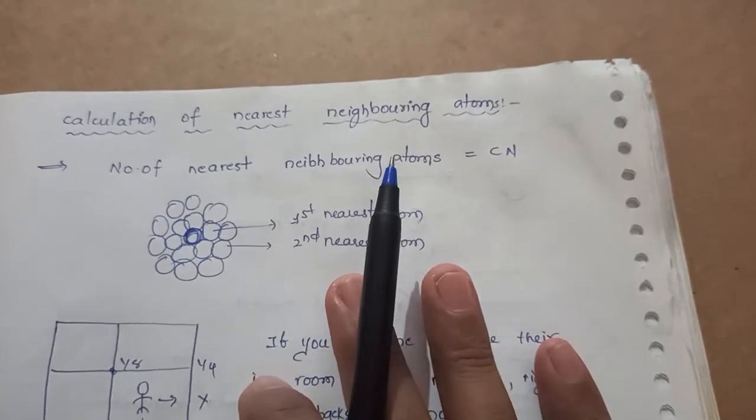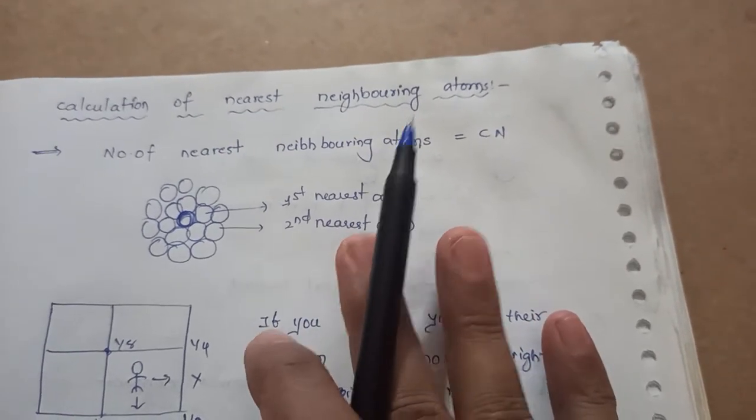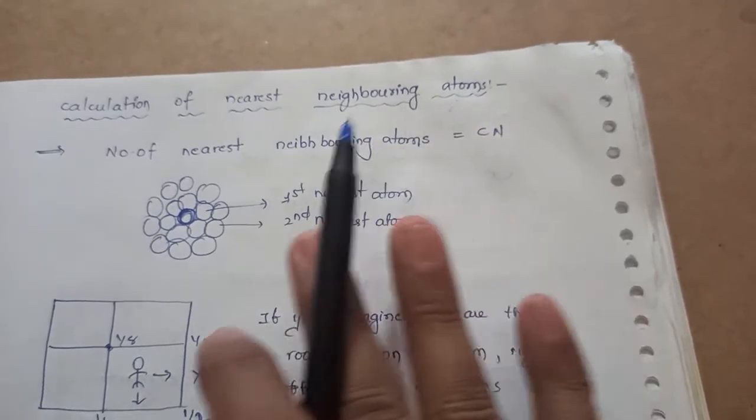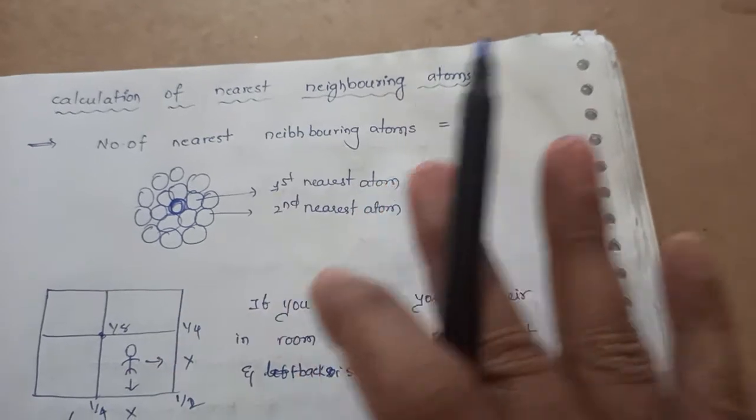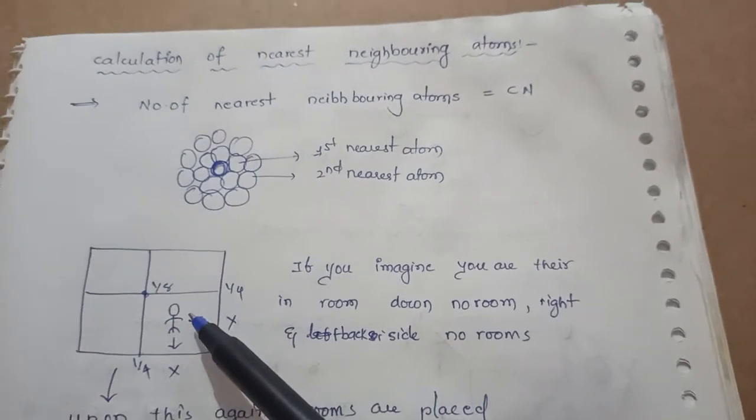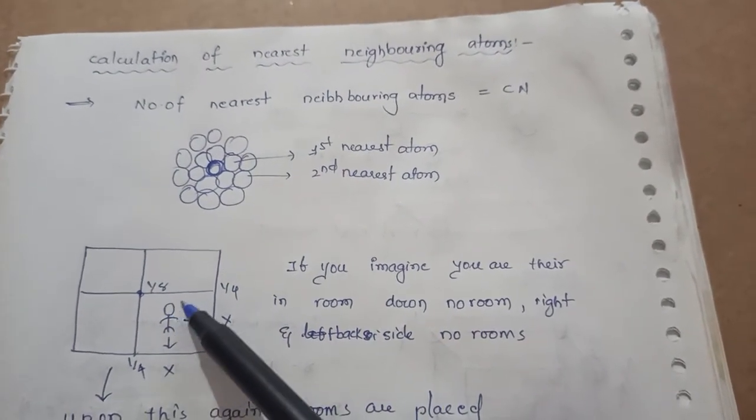To decide the coordination number, we have to follow some techniques here. It will be very easy to determine the coordination number by using these techniques. Assume that you are in one room.